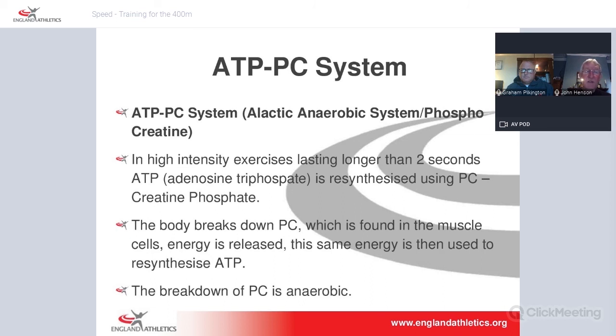So the ATP system probably lasts 2 or 3 seconds longer than it normally would if you were operating at maximum effort. So that's as I understand it, at any rate. Brilliant.